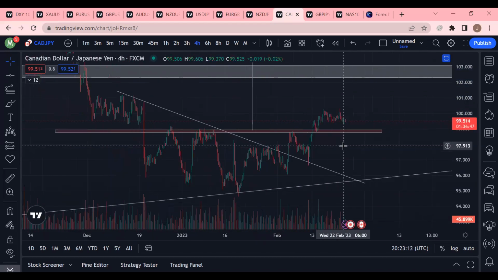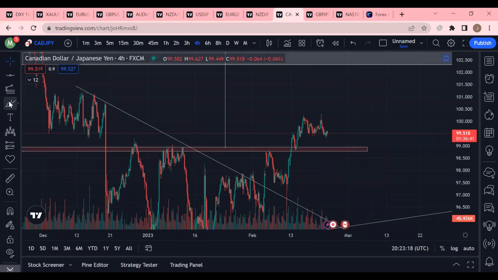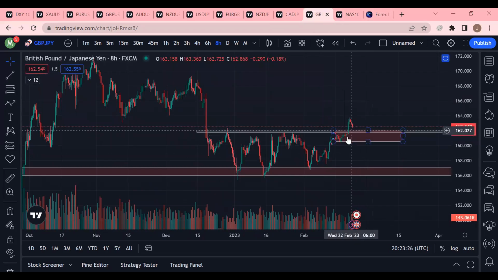JPY is clearer. The fundamentals of GBP will make us know where we're going, but definitely when we reverse back to these areas, we need to hold, we need to bounce. Once we start bouncing from the areas, we'll take a buy on CAD JPY, also on GBP JPY. And if we can bounce from these areas, I'll also take a buy.